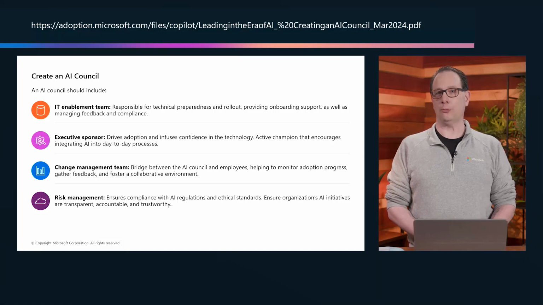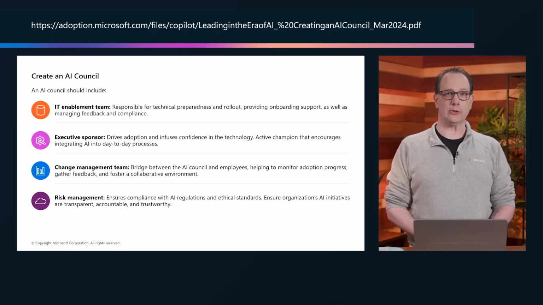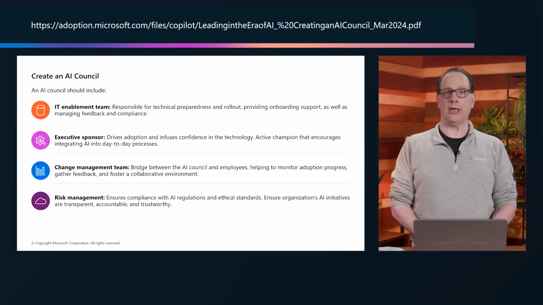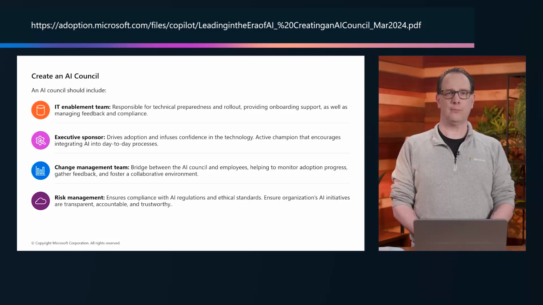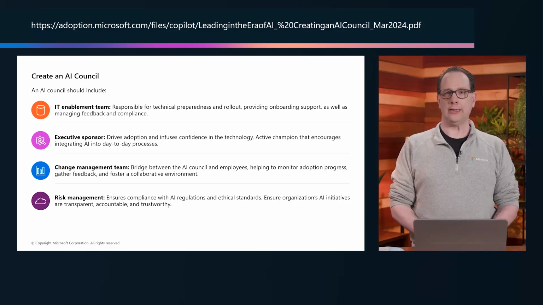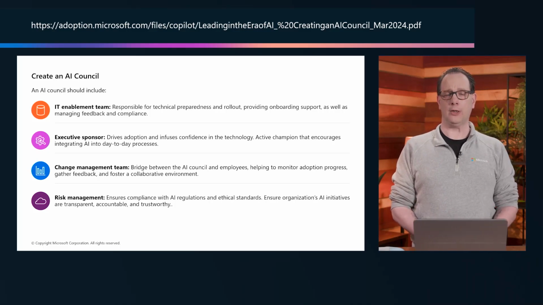Additionally, the Council provides guidance and support to all AI practitioners, engages with external stakeholders, and in the end also promotes AI learning and innovation within the total organization. Now, it should not be surprising that most of the roles and team members here are identical to the setup of the Copilot adoption team that we discussed earlier.